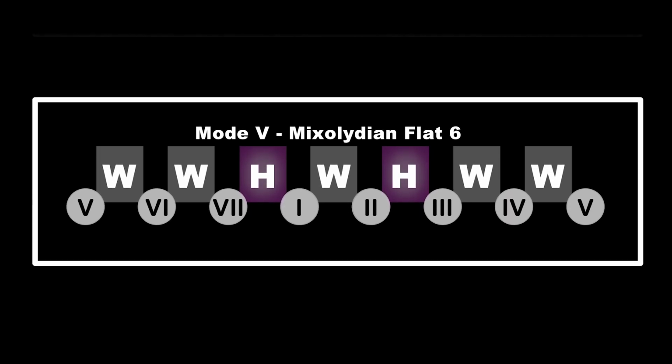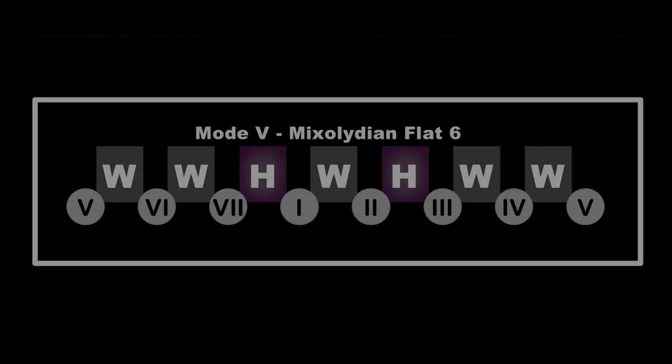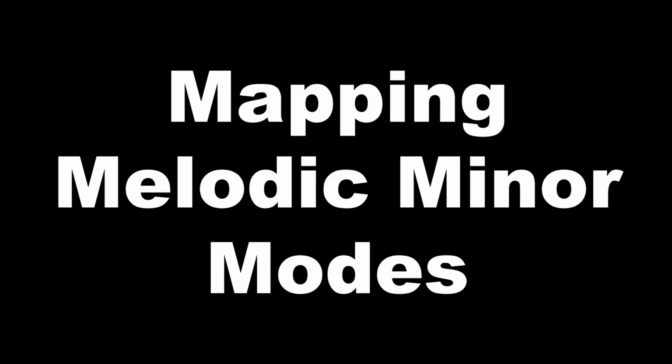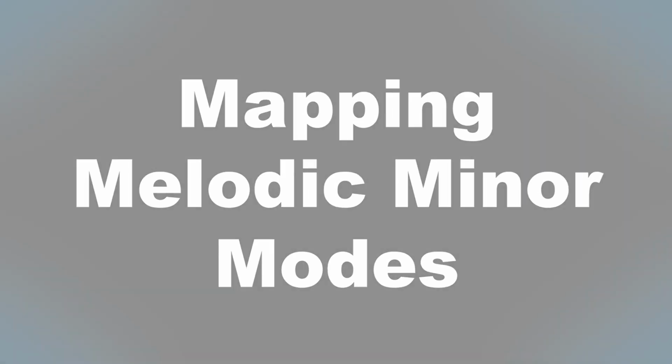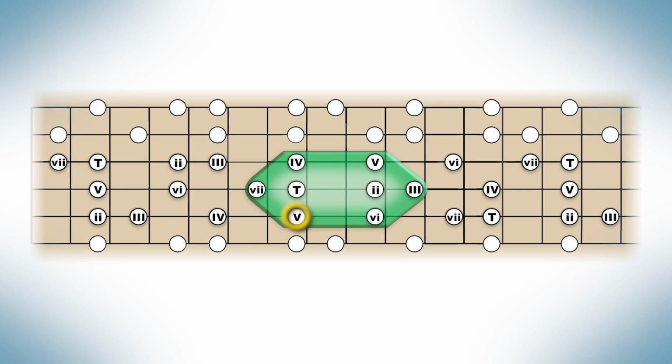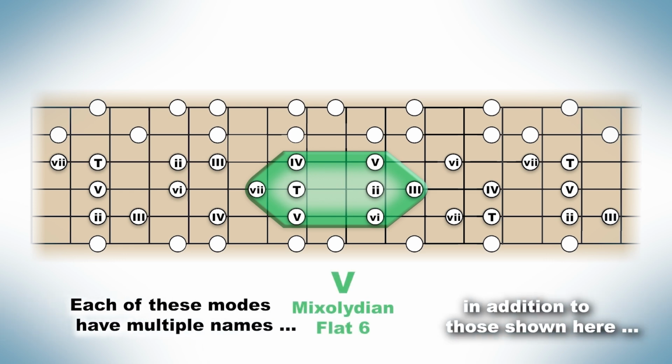So now we have 3 pairs of symmetrical modes, and one mode that is its own palindrome. Here are the 7 modes of melodic minor in 3 symmetrical groups.